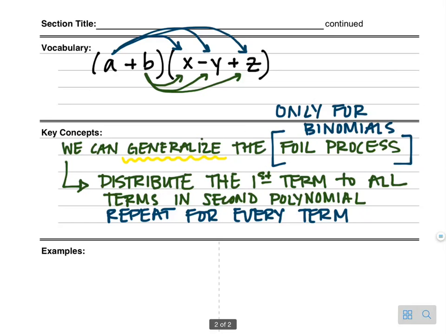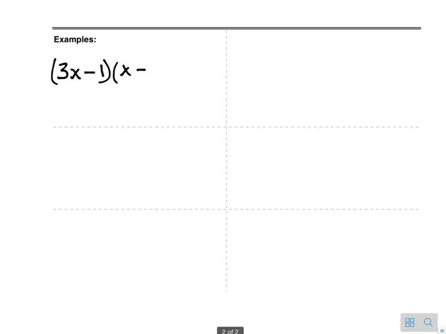So another example that might be slightly more complicated because it has a coefficient with the term is 3x minus 1 as a binomial multiplied by x minus 8 as the second binomial. Again, we're focusing here on the FOIL method, so we're going to simply focus on binomial times binomial.